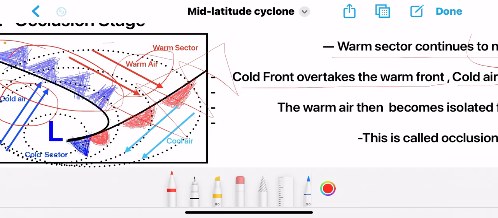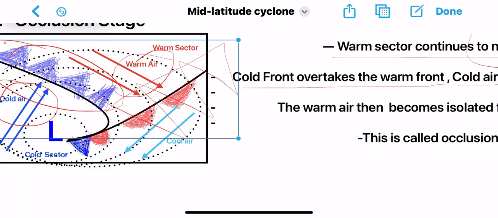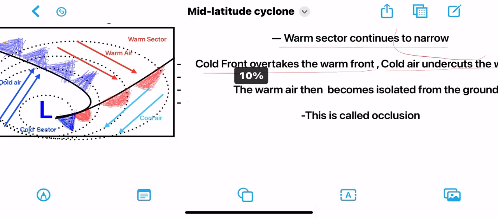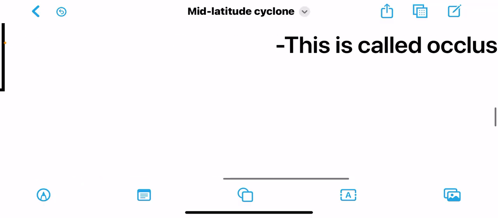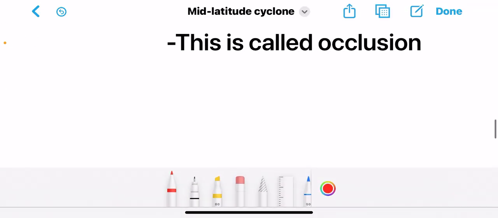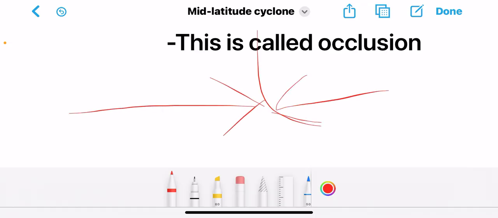Now, what are we referring to when we say the warm air is isolated from the ground? Remember, in mid-latitude cyclones, we say when cold air meets with warm air, the warm air will be uplifted, and the cold air will begin to undercut what?